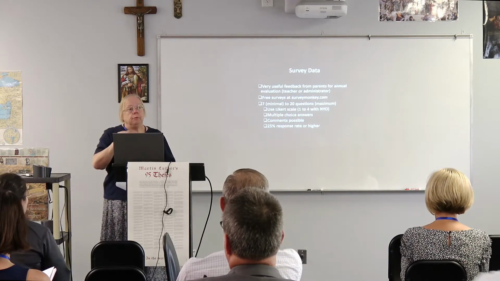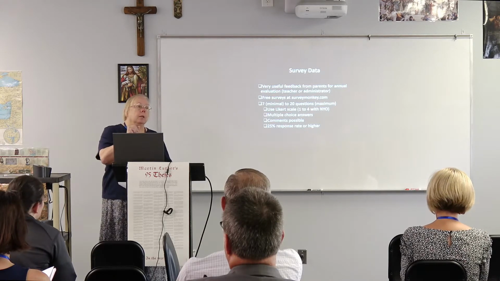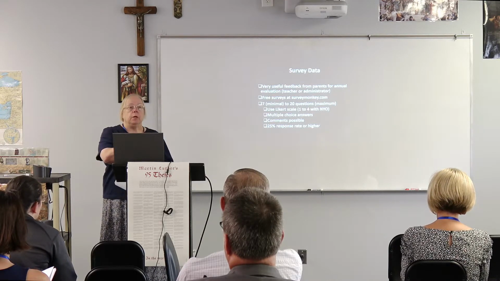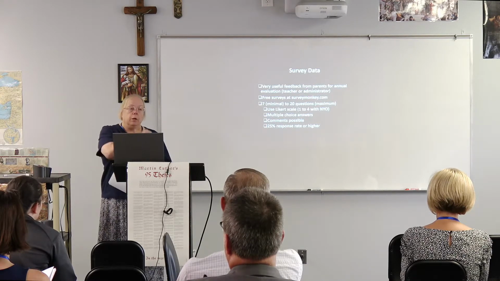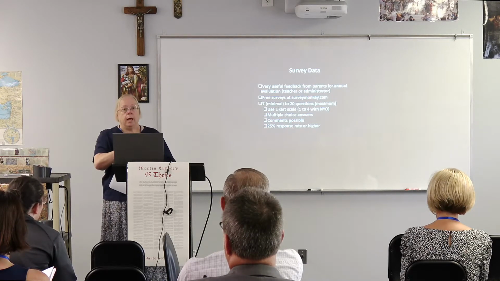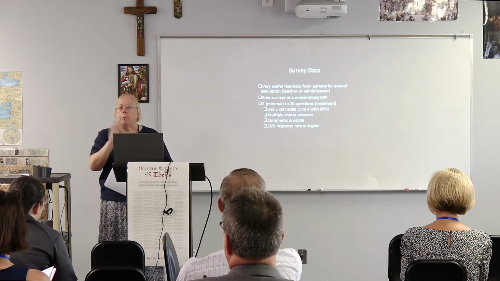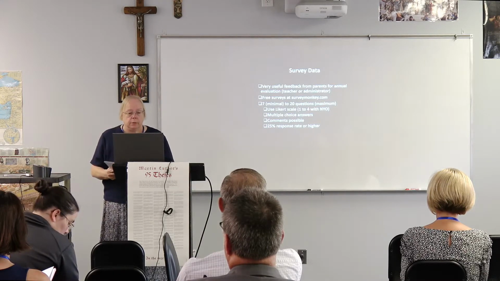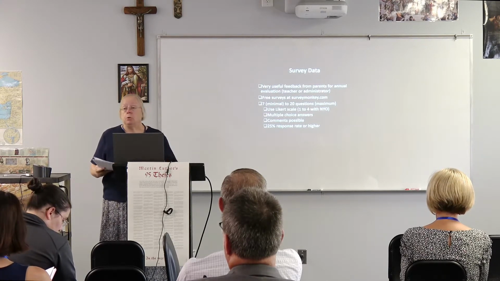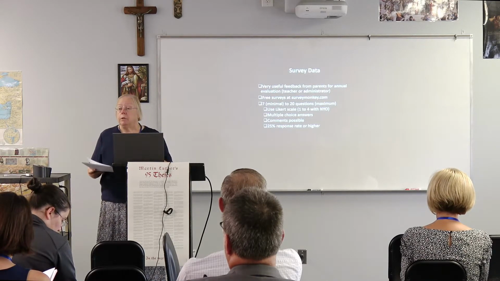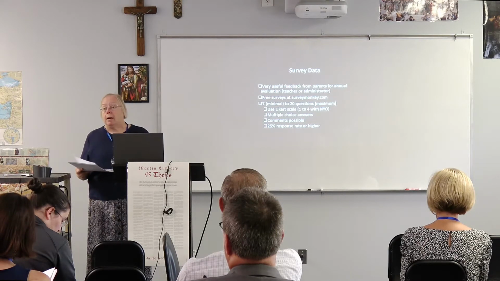But 1, 2, 3, and 4 usually: strongly disagree, agree, strongly agree, or strongly dislike, like, strongly like. You can come up with all sorts of possible answers. You can also, on SurveyMonkey, set up multiple choice answers. And that's a very useful thing for being able to sort things out.